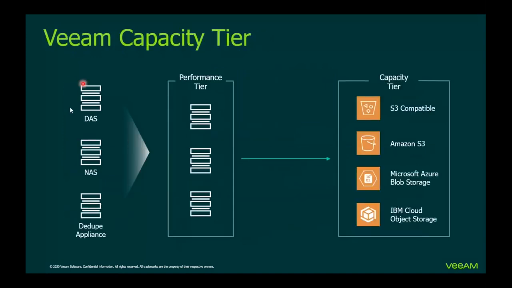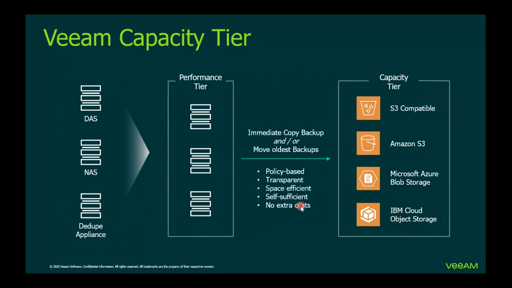If you have a primary storage, whether that is DAS, NAS, or any dedupe appliance, that's called performance tier. Then based on your policy, you can put the data onto a capacity tier, which can be Amazon S3, Azure Blob, or IBM Object Storage. This is called scale out backup repository. It's an immediate copy or movement, policy based, very transparent, space efficient, self sufficient, with no extra cost from Veeam side.